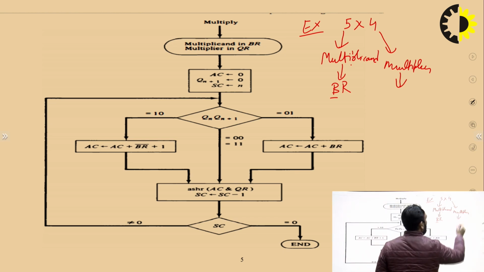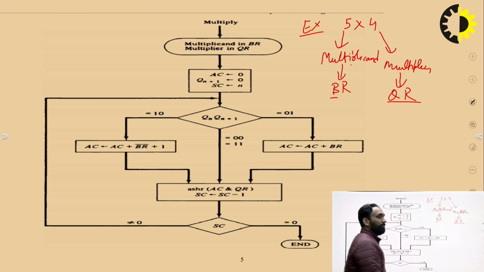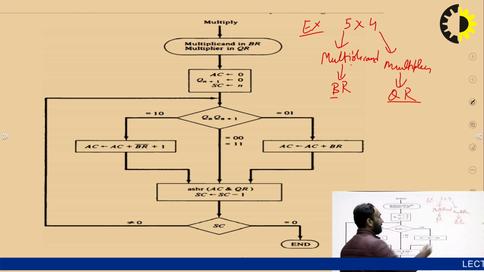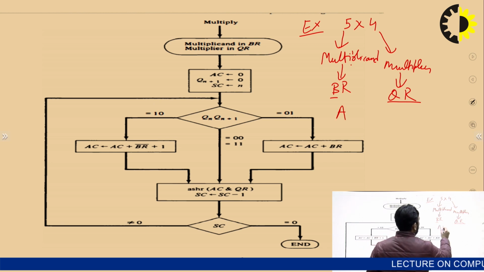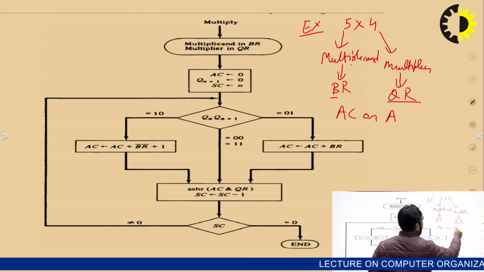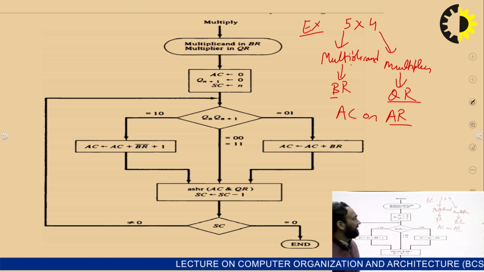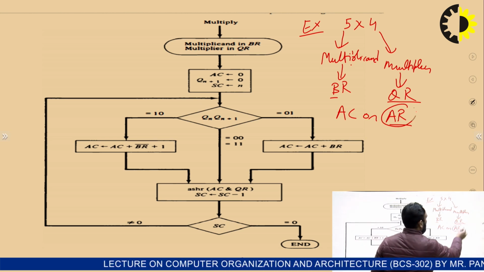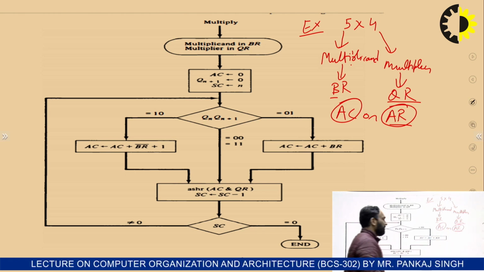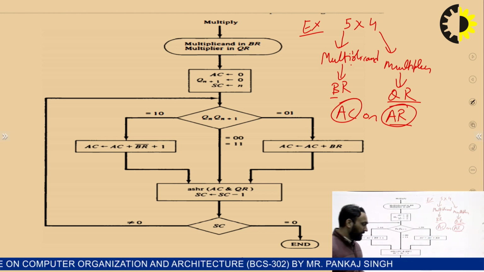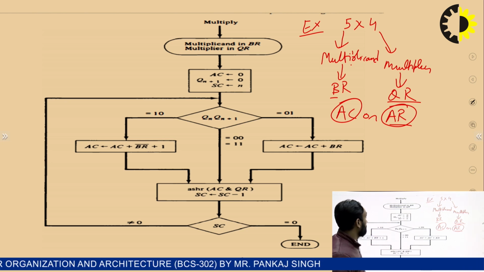Likewise, the multiplier is stored in the QR register, and we take an empty register, which we can call AC or AR. I will consider it as AR, but it is actually the accumulator register where all calculations are initially performed and the final result is stored.